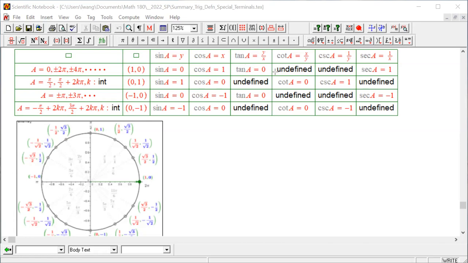For cotangent, when y is 0, the entire x-axis cannot be the terminal for any input angle, whether in the positive or negative direction, because it will cause undefined, right? Cosecant, the same thing. Secant has x equals 0, and that will be the y-axis, right?